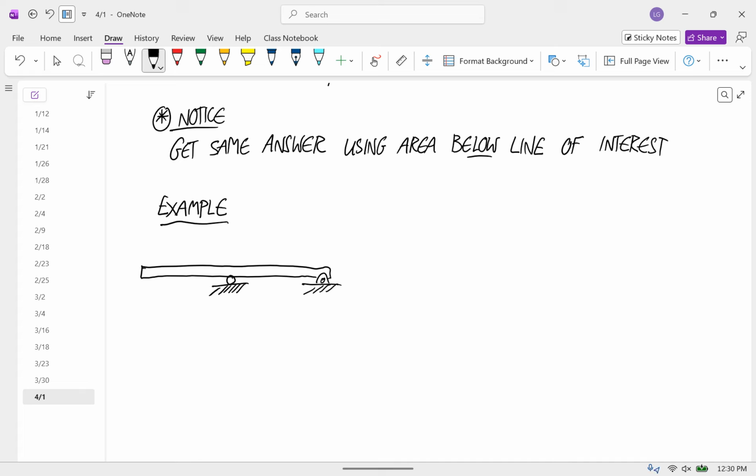And let's say that the mass of this beam is 30 kilograms. Let's say it has a length of 3 meters.